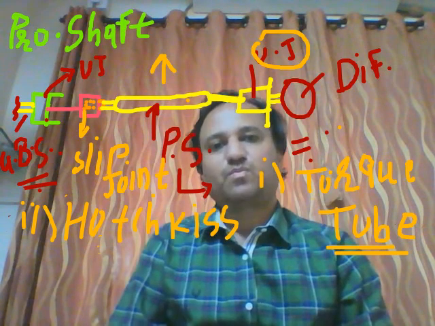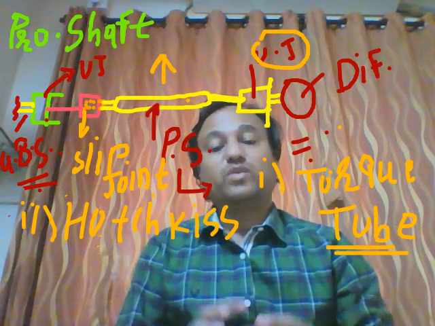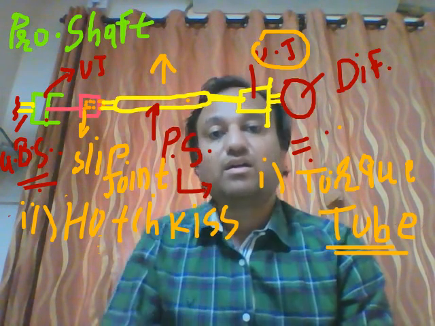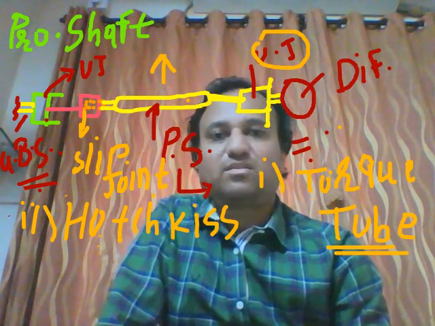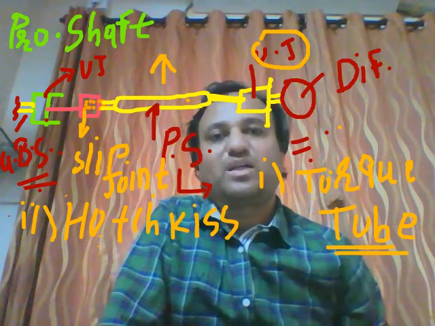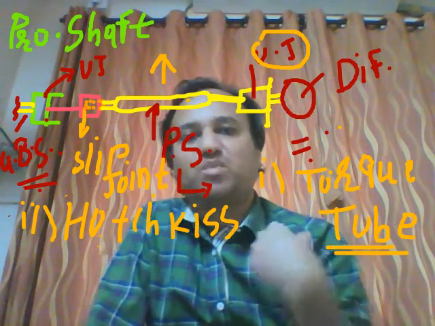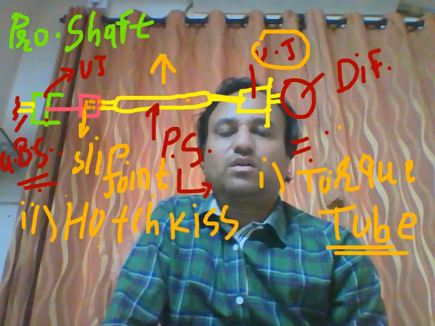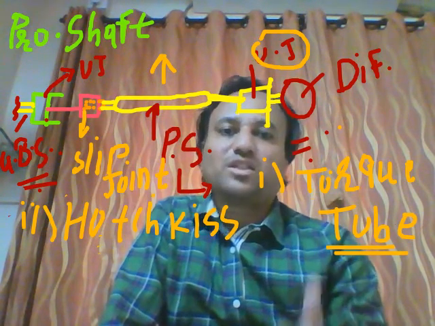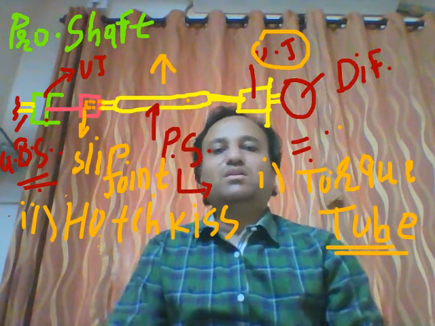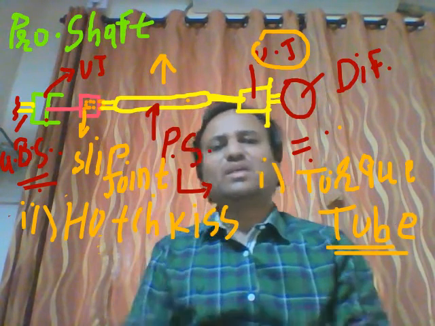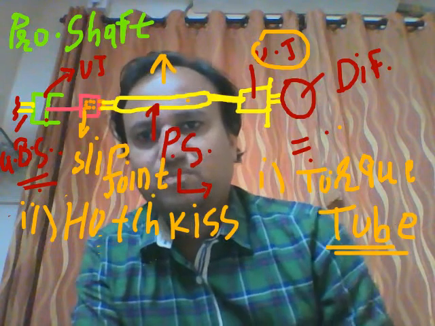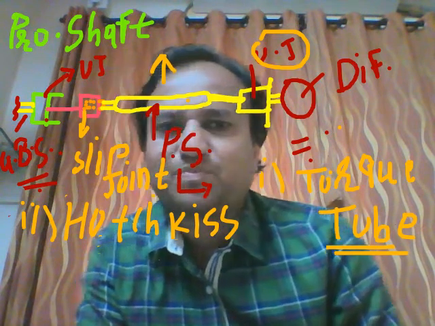So the increase in length will enhance the shock absorbing capacity, that is, more shocks will be absorbed by the propeller shaft. There will be lesser deformation of the propeller shaft if an increment or decrement in length is permissible.